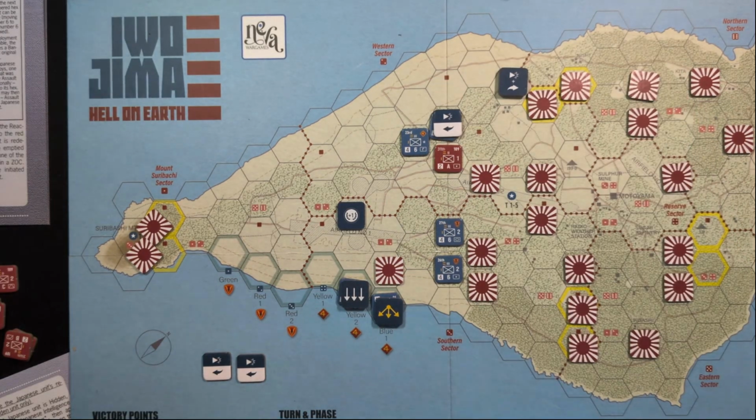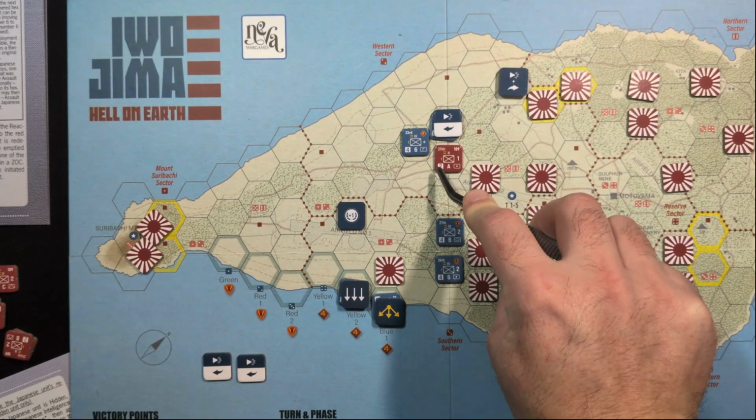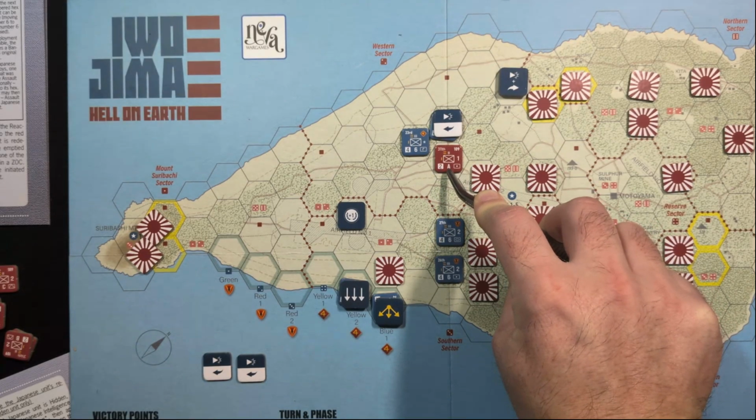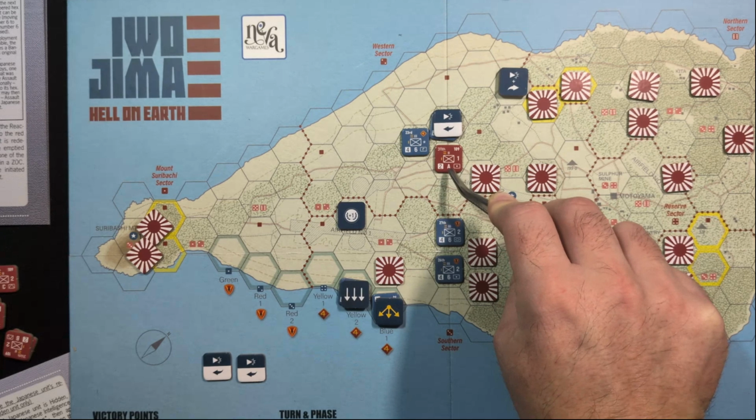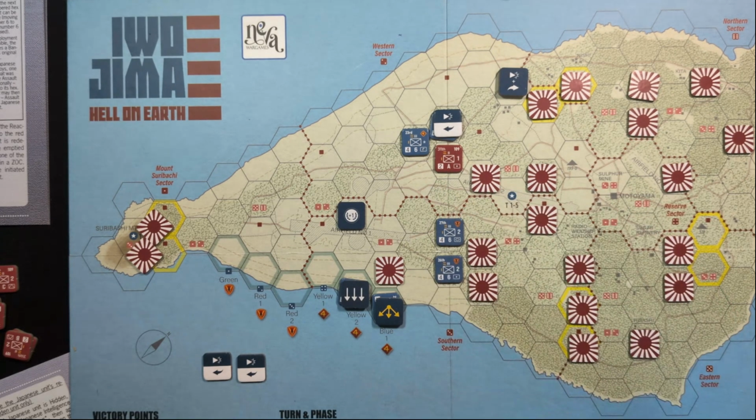The Japanese unit can also use combat support. When they are revealed, they indicate the combat factor, the defense type that is going to provide a die roll modifier, and the combat support. But they can also be supported by other units.